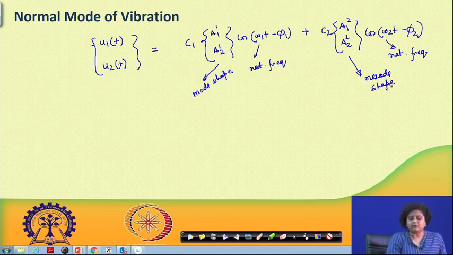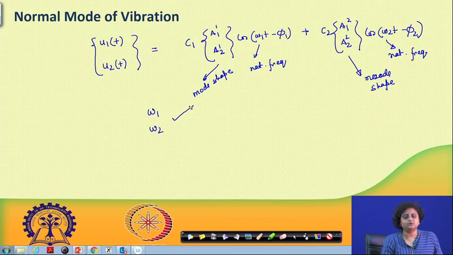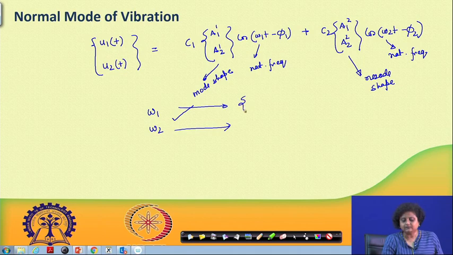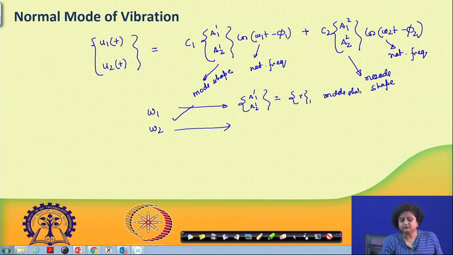We already know how to find out omega 1 and omega 2. So, we know how to find out the natural frequency. For each omega I can find out A11 and A21, which I will abbreviate as R1, which is my mode shape 1, or the mode shape corresponding to the natural frequency omega 1.